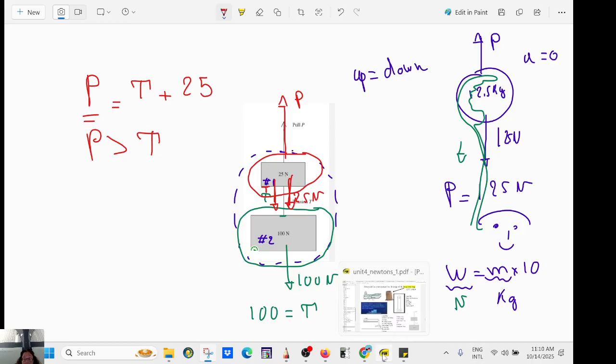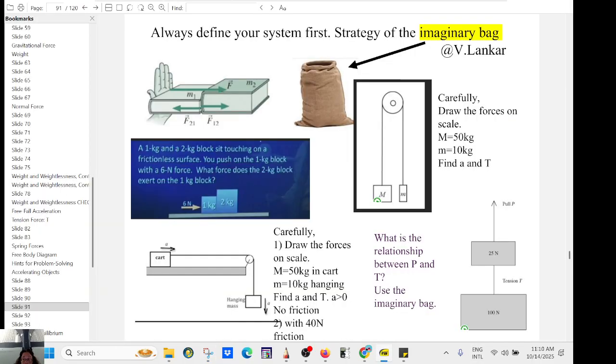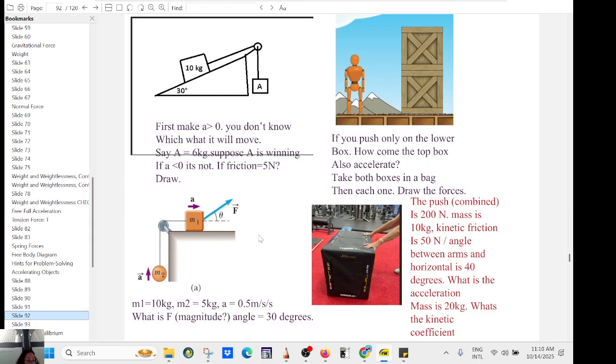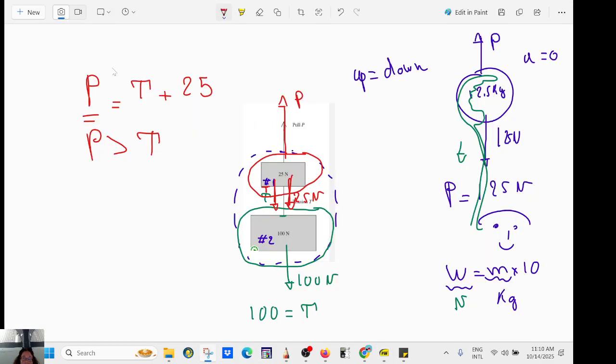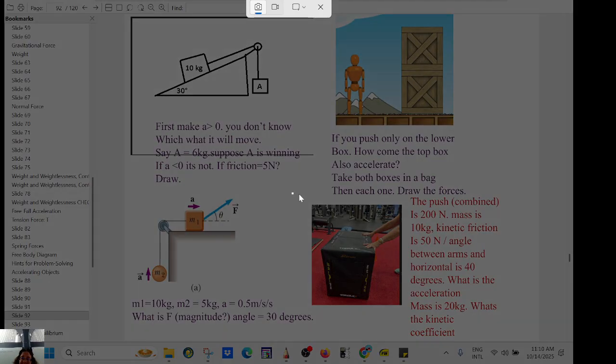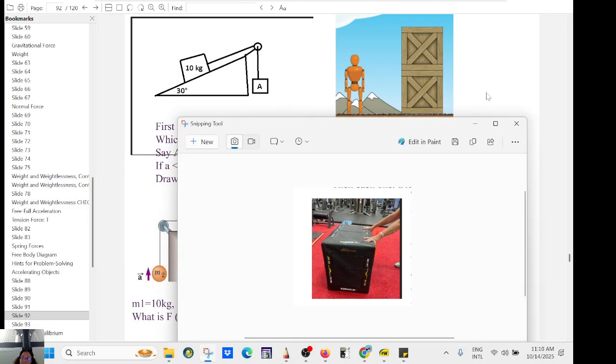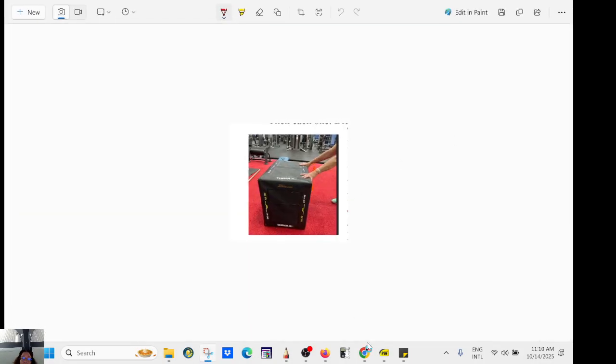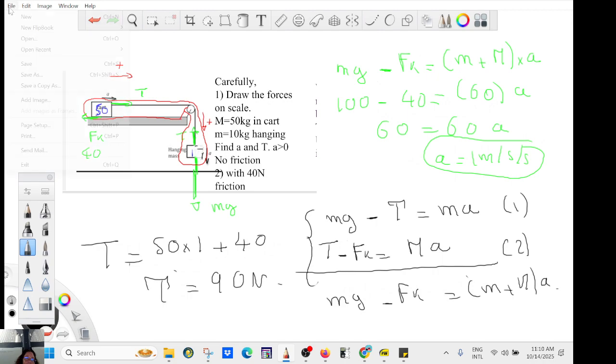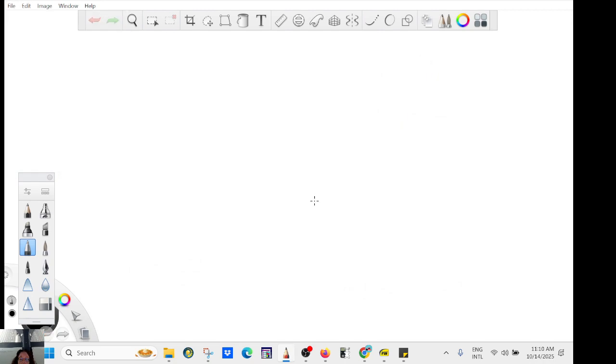Okay, let's take another example. That's me pushing. I cannot do a better push-up than this, okay? It's already something.